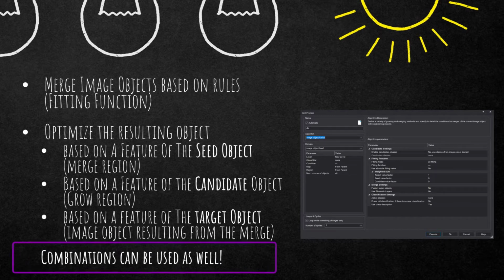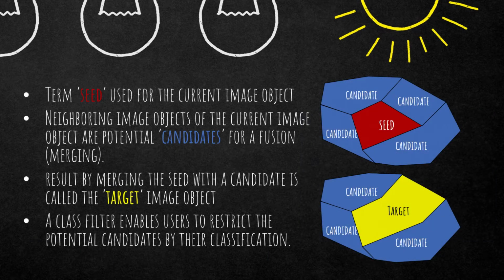All right, I'm going to show you some examples in theory, and then we're going to have two projects actually. Terminology wise, the term seed is used for the current image object. So that's the seed, what is classified and that you want to grow, right? Or merge into neighborings. Then the neighboring image objects to this current image object, this seed, are called candidates.